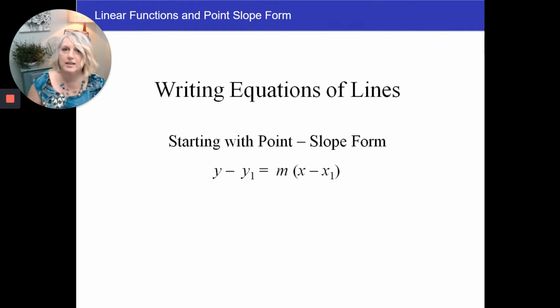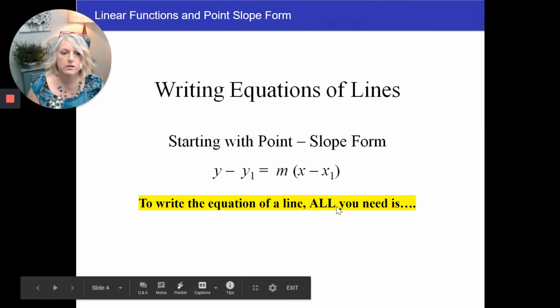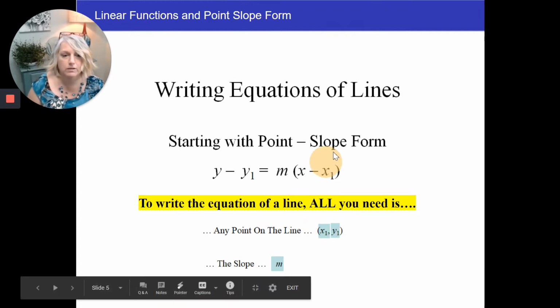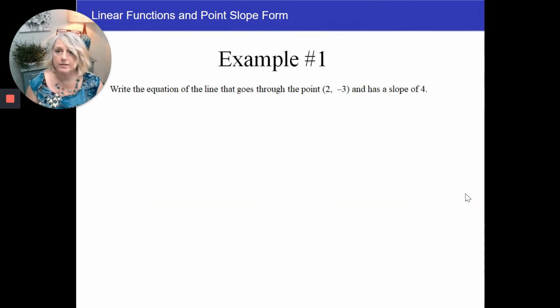But for calculus, we are always going to use point-slope. What you usually have in calculus is any point on the line. So we have x1, y1, here's your x1, here's your y1, and then your slope m right here. Those are the only things you need in order to write the equation of a line.